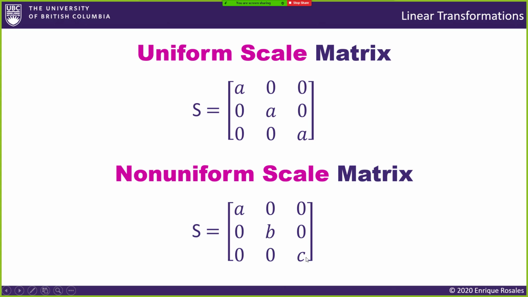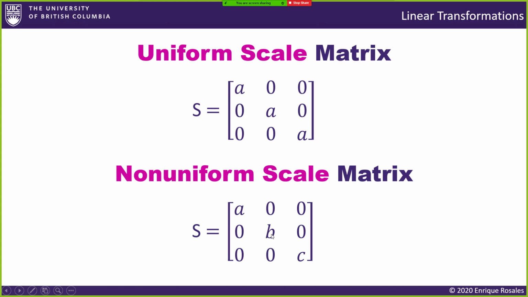And this is what the non-uniform scale matrix looks like. You can decide not to scale uniformly, but to scale only in the x direction, the y direction or the z direction. If a, for example, is equal to 1, everything will be exactly the same on the x basis vector.